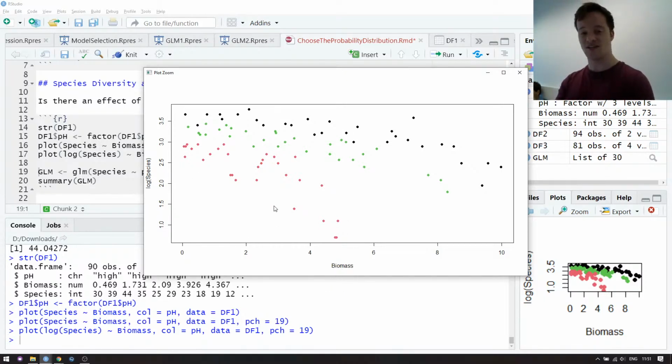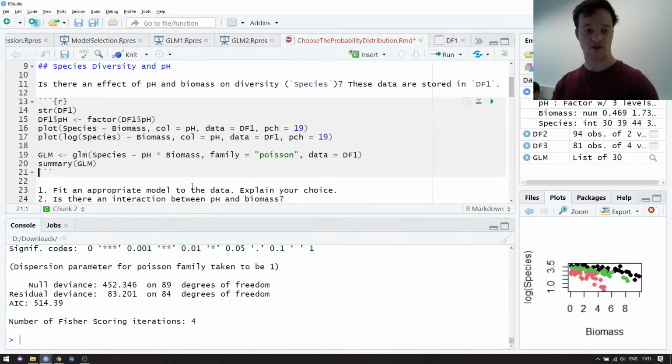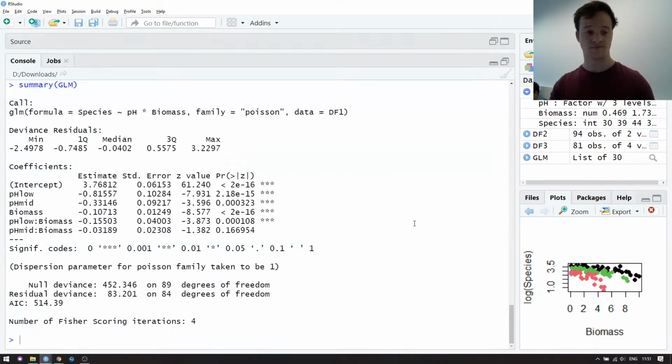Now it actually looks like there might be an interaction, because the red trend is much steeper than the green one, which in turn is a little bit steeper than the black one, right? So, let's add an interaction and produce another summary. Now, the interpretation is almost the same.